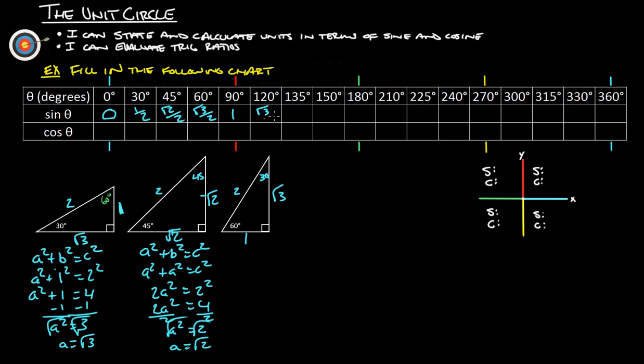Then 135 is this 45-degree angle, so we'll use root 2 over 2. And 150 is out here, just 30 degrees more and we'd be down to flat, so we'll use 1 over 2.